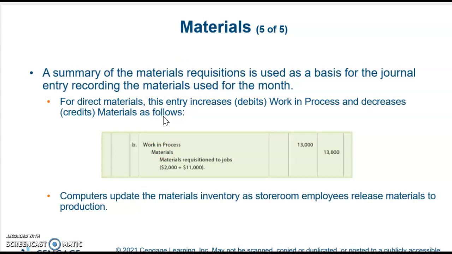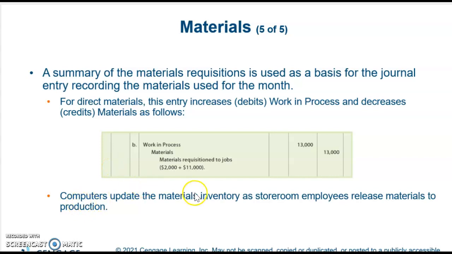If you see something that's direct, you're going to debit work in process. So you're going to credit materials because now it is no longer in materials inventory. So when you credit materials, that makes that inventory account go down and it makes WIP go up.